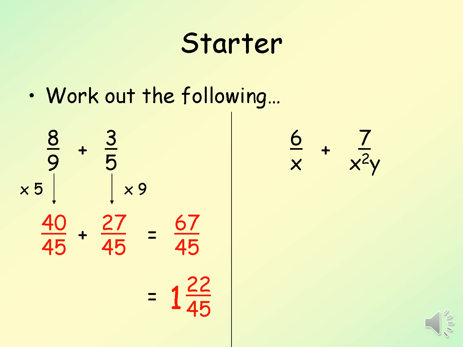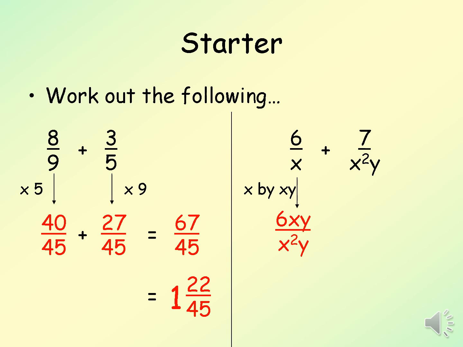Okay, on to the algebra side, a little bit more thinking, but the common denominator, the term that both will go into, is x squared y. Therefore the x has to be multiplied by xy to get x squared y, so we must do the same to the 6.